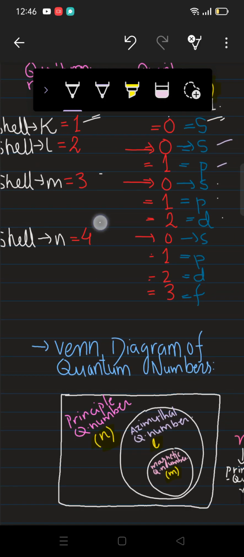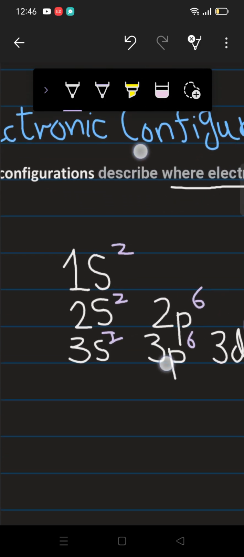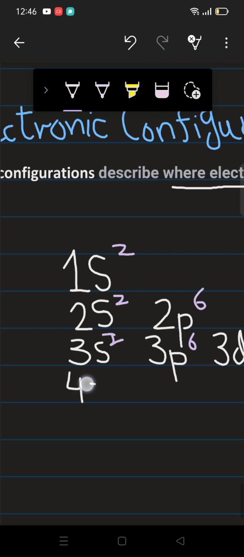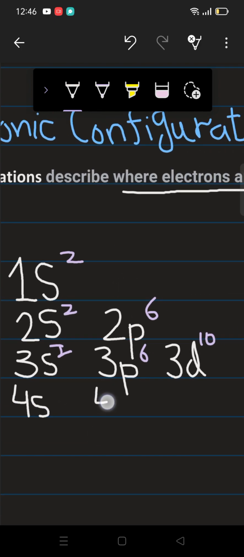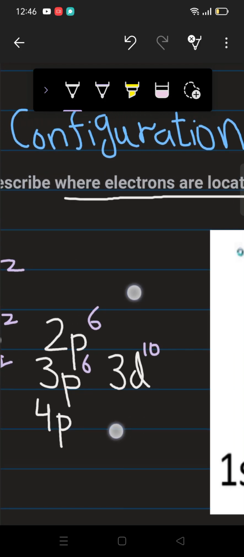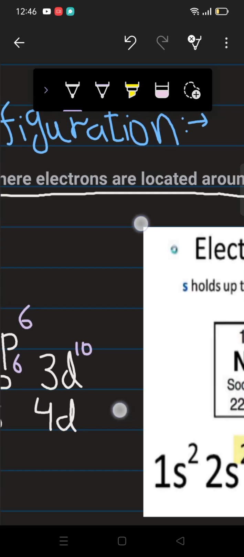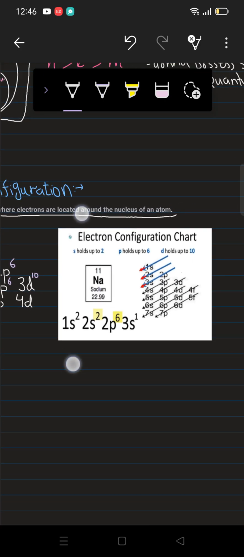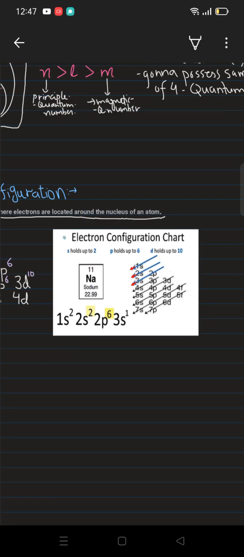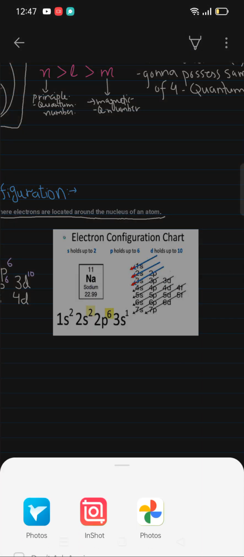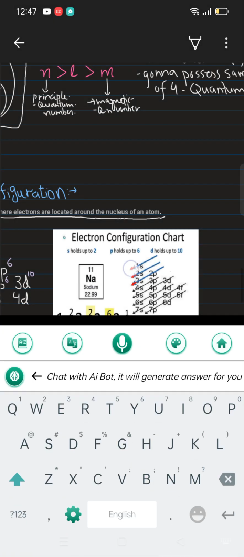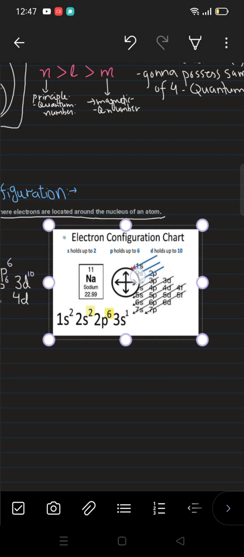Alright, as you can see, fourth here. So here we have S, P, D, F. We're going to write here 4s, 4p, 4d, and of course, wait, let me move this a bit so that I can have space here.